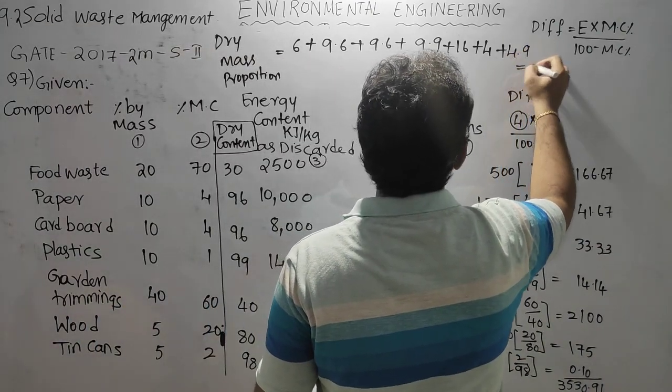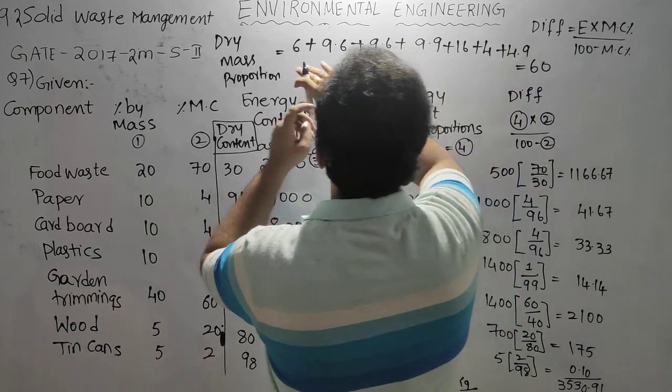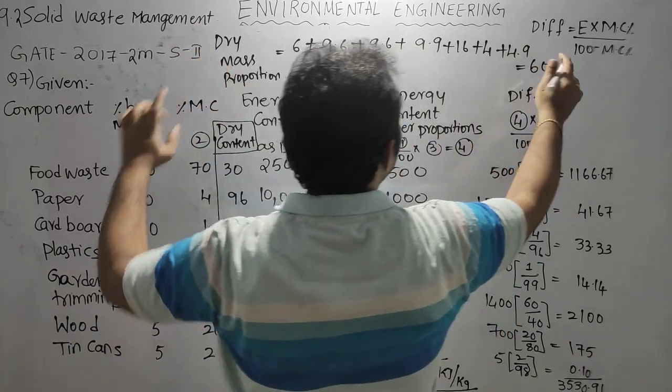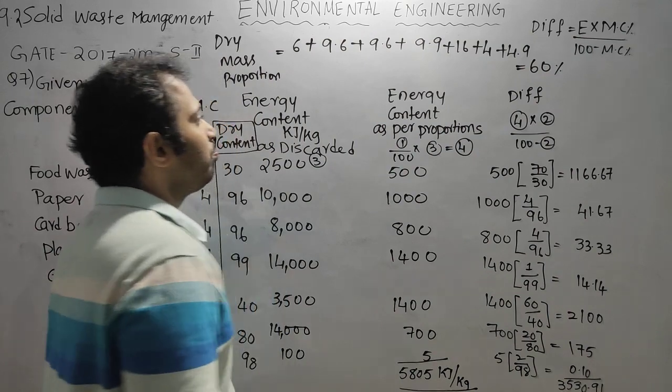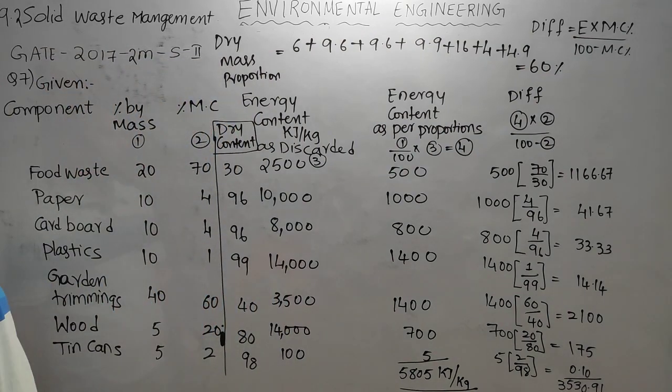So this is equal to 60. It is coming 60. So dry mass proportion is only 60%.